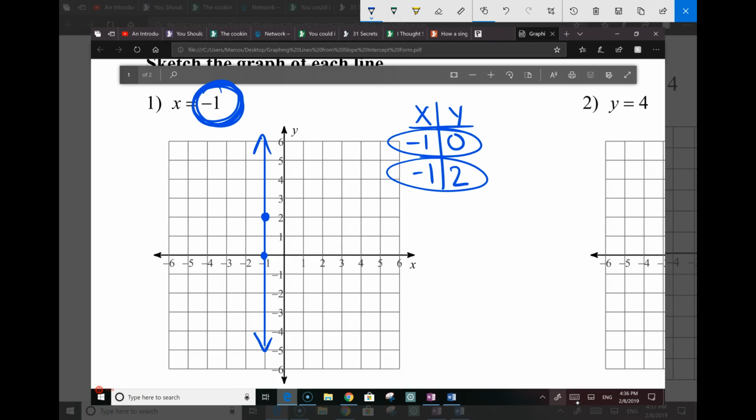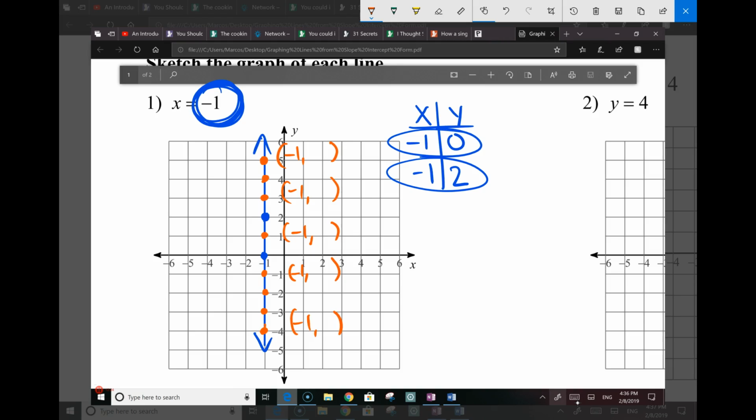And because of that, all the x values, all the other points that are on this line, no matter where they are, they will all have one thing in common with each other. All of them, no matter what they are, will start with -1, because the entire line is at -1. -1 space, or 1 space to the left, making it -1.